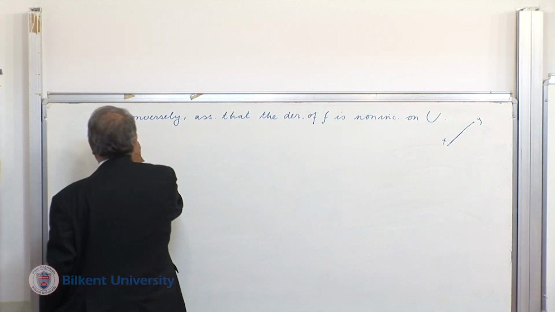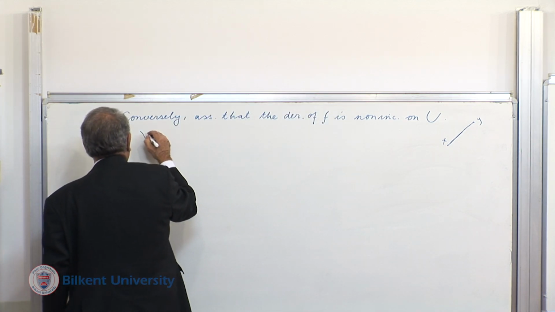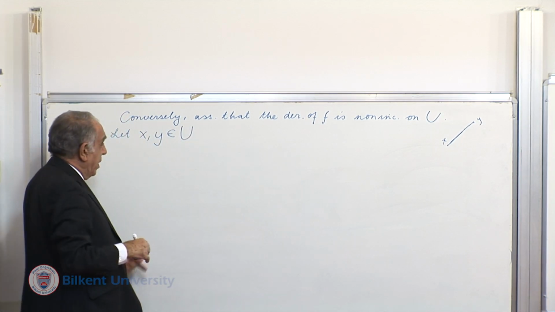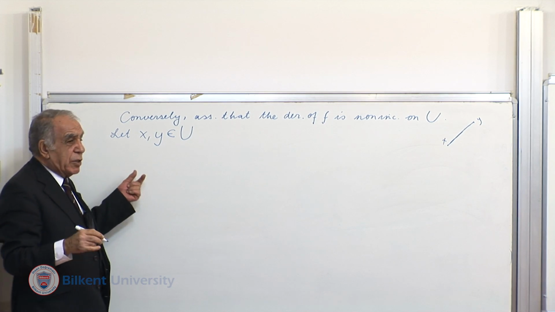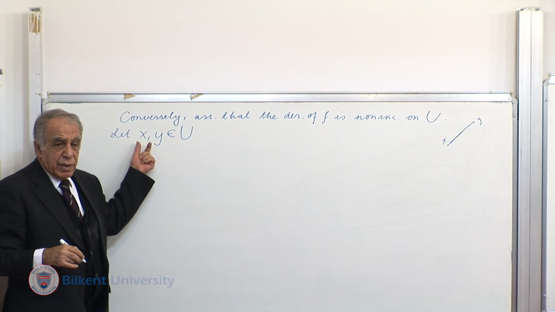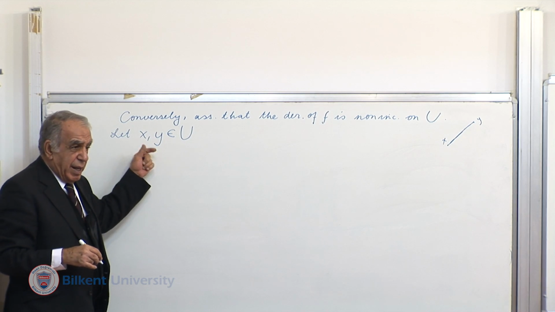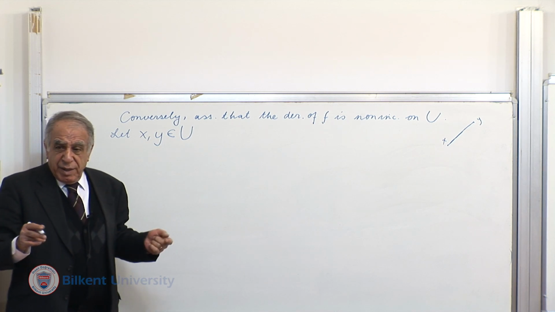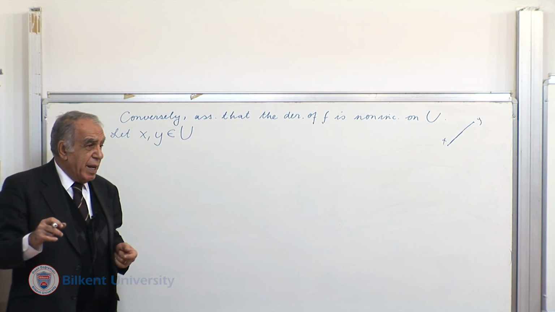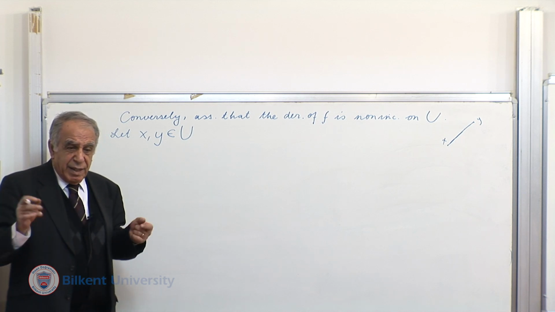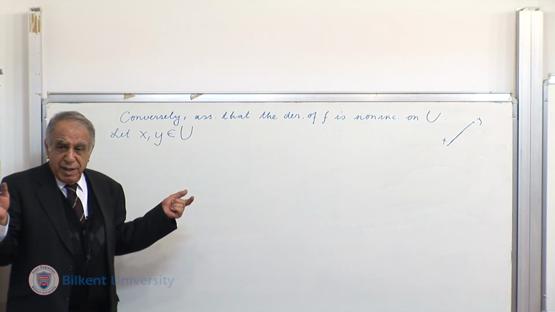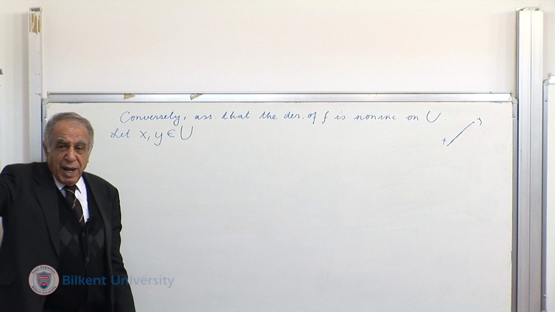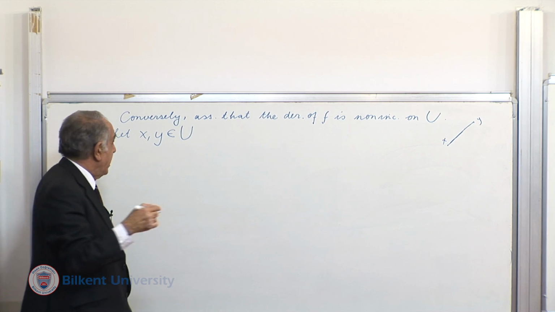So let x, y be in u. What will be done below will also be valid in the trivial case x equals y, but I can take x different than y, because for x equals y the concavity condition always holds: f of tx plus 1 minus tx is f of x, and the right-hand side is f of x as well.